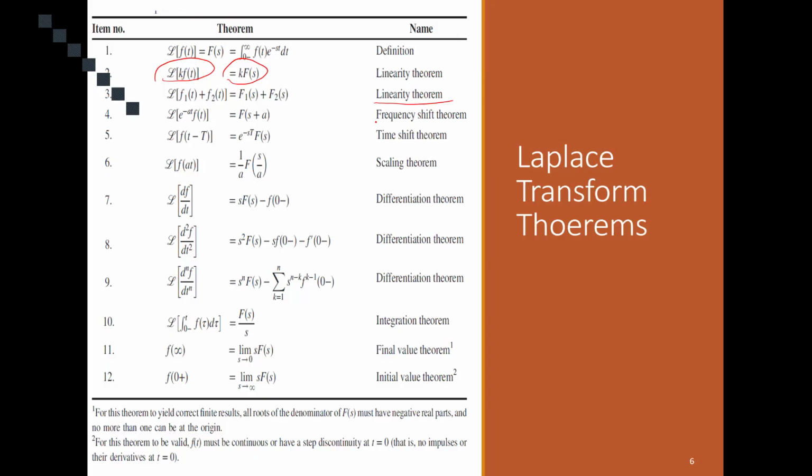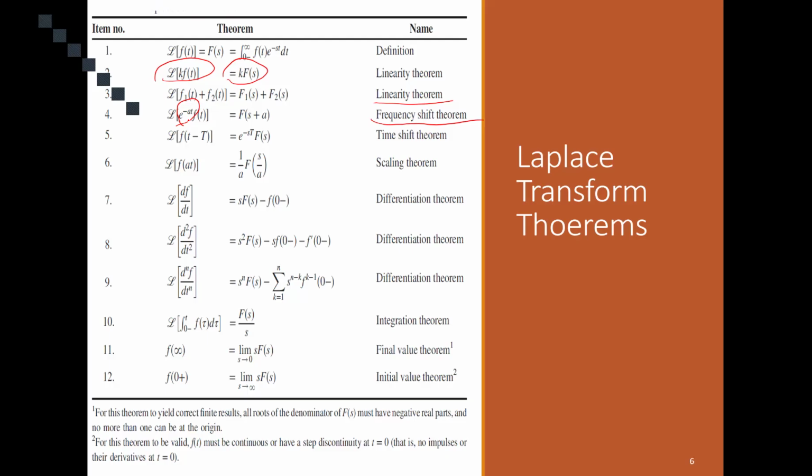Now, what if we have a frequency shift in our system? Please pay attention. A frequency shift in the time domain is an exponential function. So if you have e to the power of minus alpha t, that means your frequency is shifting by alpha. Okay, so this is the concept.